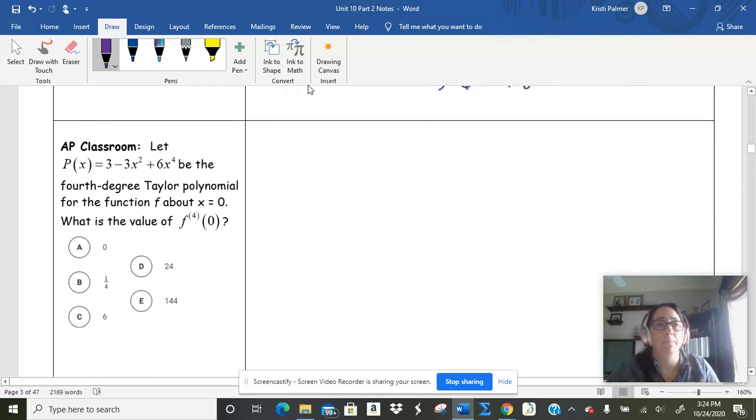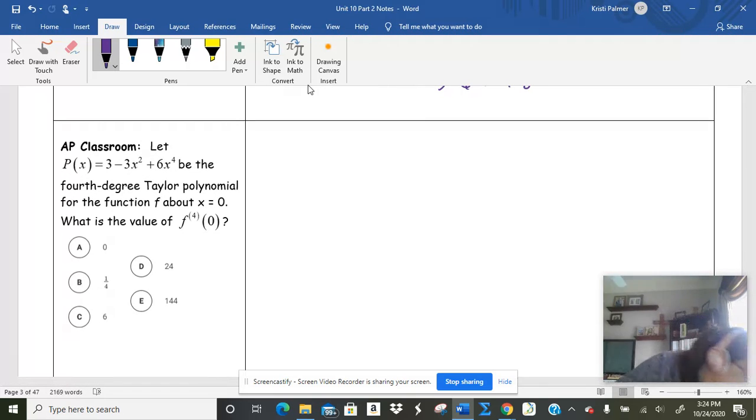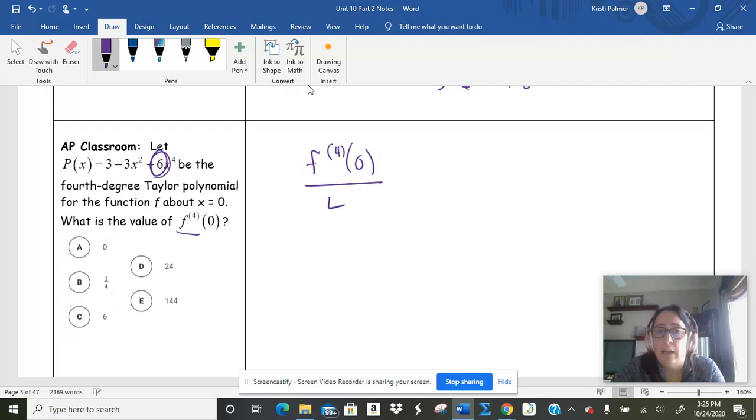So let's see a problem. Here was a Taylor polynomial, and I can see that the first derivative and the third derivative had to have been zeros automatically. There is my f of 0, but it asked me for f of 4. So I have to match what that has already been reduced from. Remember that this guy right here had a factorial before they reduced it to the 6.